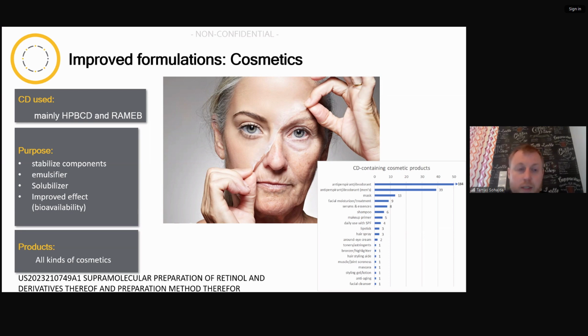Also, this comes with advantages. From a functional perspective, these derivatives are much better than the native cyclodextrins. Their solubilizing power and stabilizing power are orders of magnitude better in most cases than that of the native cyclodextrins.